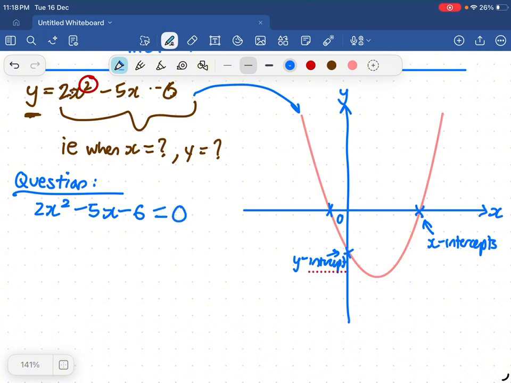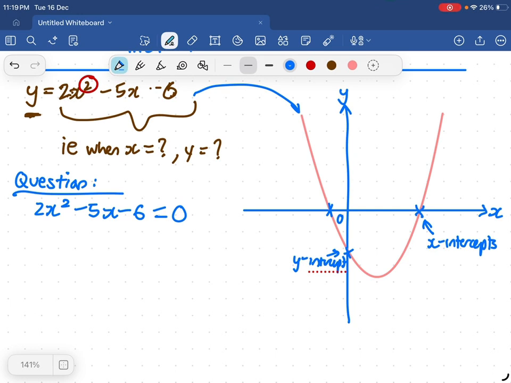Remember, solving quadratic equations is just finding the value of x when this expression is equal to 0. Now, from here, I've already drawn out the graph for you, but in the exams, you would have to draw the graph yourself. So it's usually a 5 to 6 mark question in the paper. So you draw the graph and then you plot the points yourself and solve it using the graphical method.